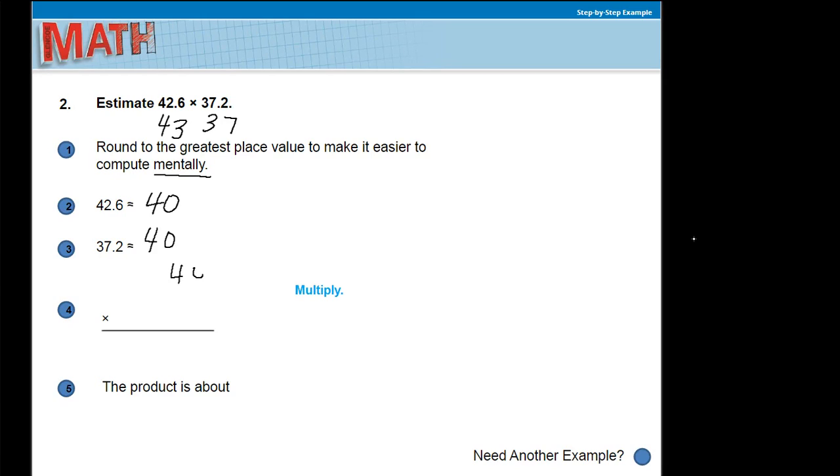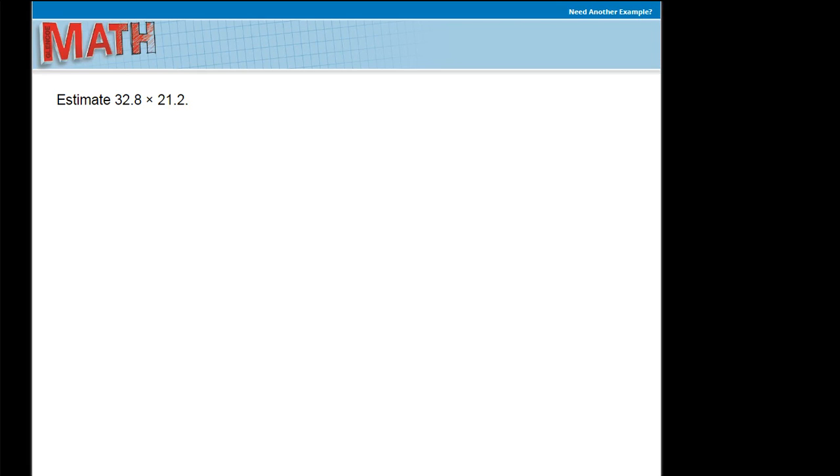So if I did 40 and 40, I would definitely know that our product is going to be about 1600. Again, you want to do this mentally, and so you want very easy numbers.